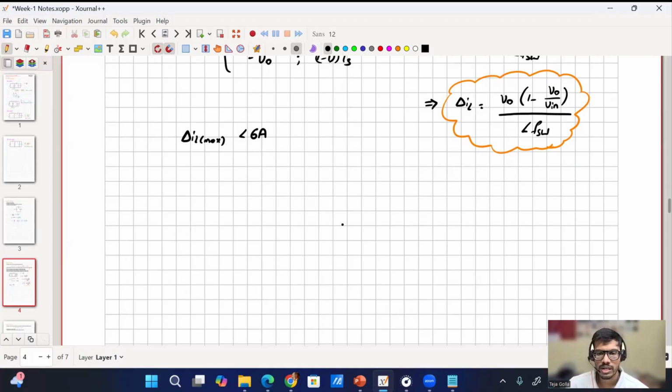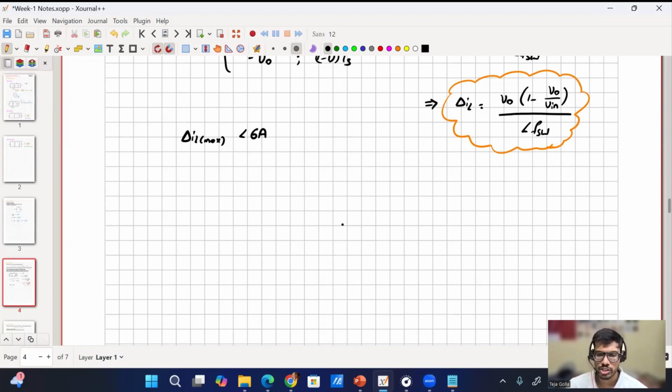From this expression, if V_in is minimum, then V0 by V_in will be maximum and 1 minus V0 by V_in will be minimum, so at minimum voltage we get minimum ripple. If V_in is maximum, V0 by V_in will be minimum and 1 minus V0 by V_in will be maximum. Since there is one minus sign and one inverse sign, it is basically proportional to V_in. So at maximum input voltage, we get the worst case ripple for a buck converter.